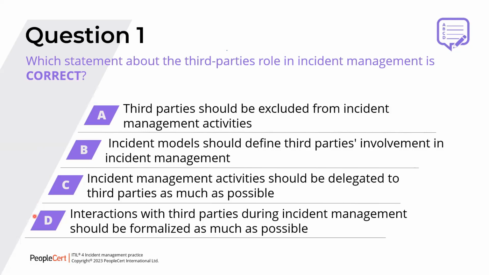Option D, interactions should be formalized. While this may be okay to some extent, there should not be too many formal bureaucratic barriers in communication, collaboration, and decision making, because there has to be fast and effective incident resolution, and close cooperation between the organization and their partners and suppliers. Therefore, option B would be the best option.